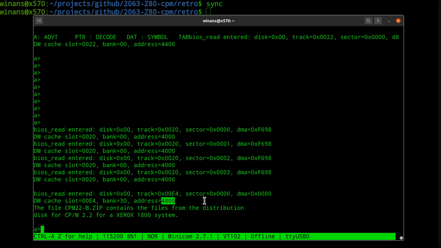Now, what about this address? Well, remember, the address comes directly from the slot as well. We throw away the top 2 bits from the bank, and then we shift it left 1 bit, and then we add these 2 zeros over here. So what does that come out to? Well, E4, if you throw away the top 2 bits, is a 2-4. And then we have to shift it left once, which is multiplying it by 2.